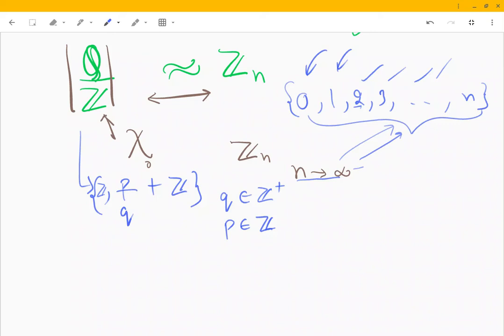In this group, Zn is a group, but it is only defined when n is finite, right? That is why we call Zn a finite group, and we call Z an infinite group.